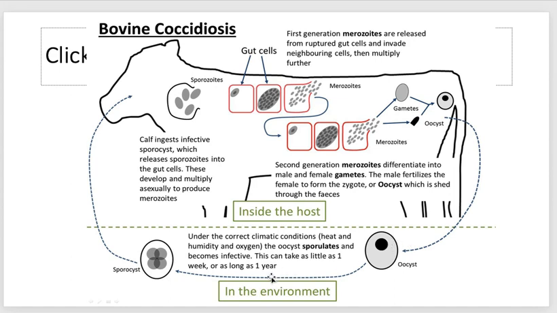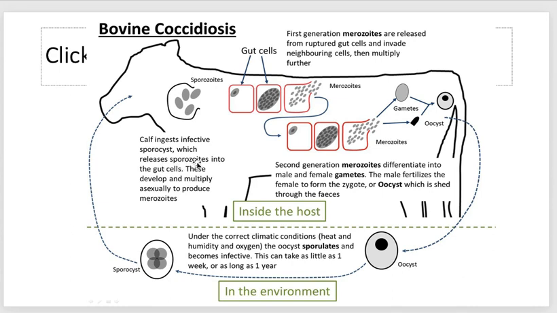The oocysts will go into the environment, and under correct climatic conditions such as heat, humidity, and oxygen, the oocysts will sporulate and form infective forms, which are called sporocysts. The sporocysts in the environment will be ingested by the animal. So the calf will ingest the sporocysts during feeding.